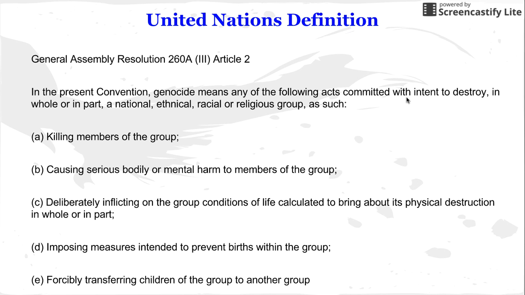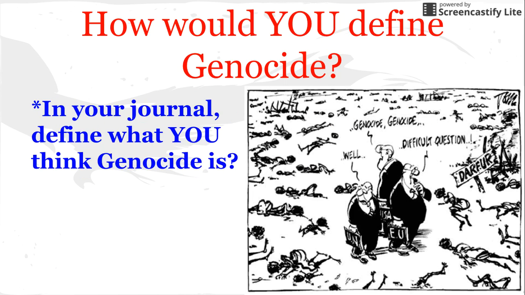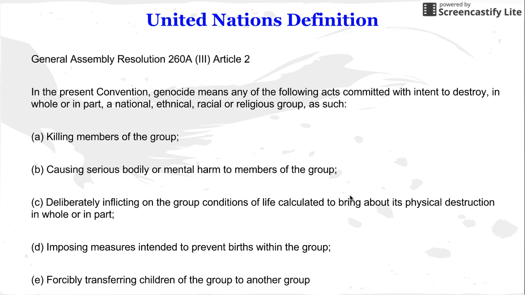That would be killing members of the group, causing serious bodily or mental harm to members of the group, deliberately inflicting on the group conditions of life calculated to bring about its physical destruction in whole or in part, imposing measures, and so on, and forcibly transferring children of the group to another group.